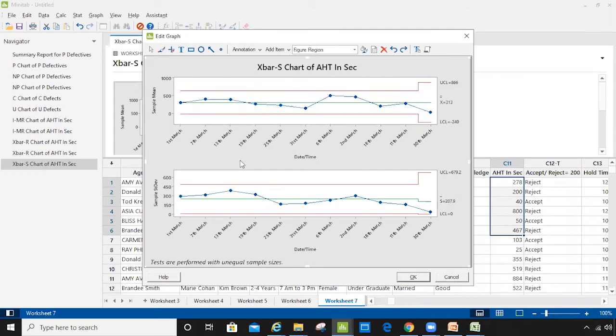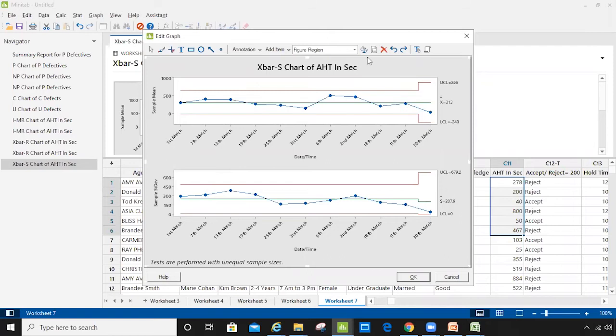And in the second chart, which is the sample standard deviation, for the 6 data points that we've considered, it has taken the standard deviation to see whether there is any special cause variation. So X bar R and X bar S are designed to look at whether there is any special cause variation between the subgroups, between the means, between the standard deviations, between the ranges.